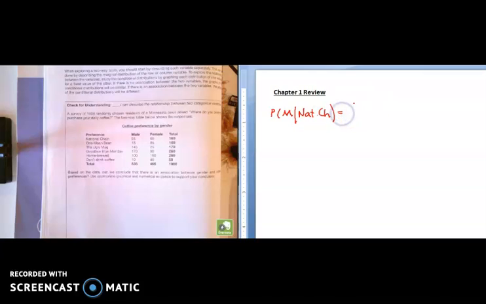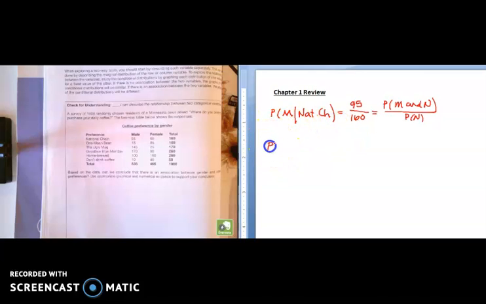There are 95 males out of the 160 who like national chain. And then you could find that probability. That's conditional. Again, if you look at your formula sheet, that would be the probability of male and national chain divided by national chain. We actually started doing this back in Chapter 1, even though we officially came up with this formula in Chapter 5.